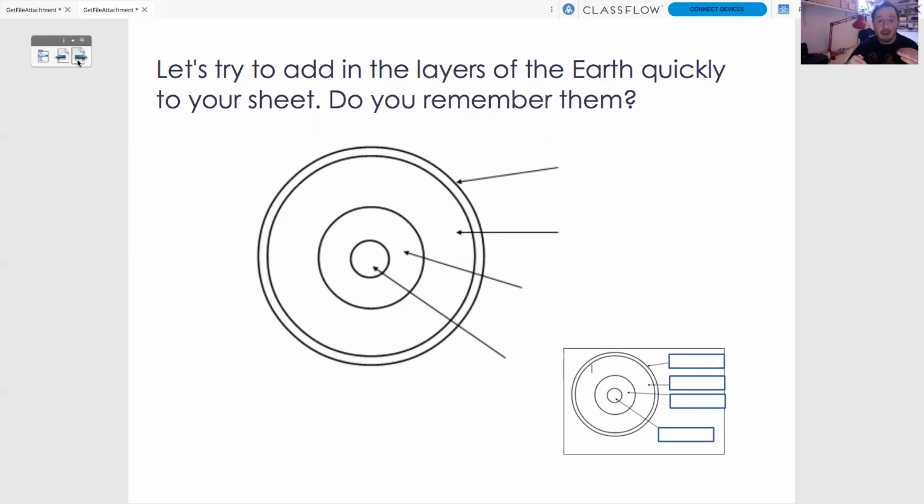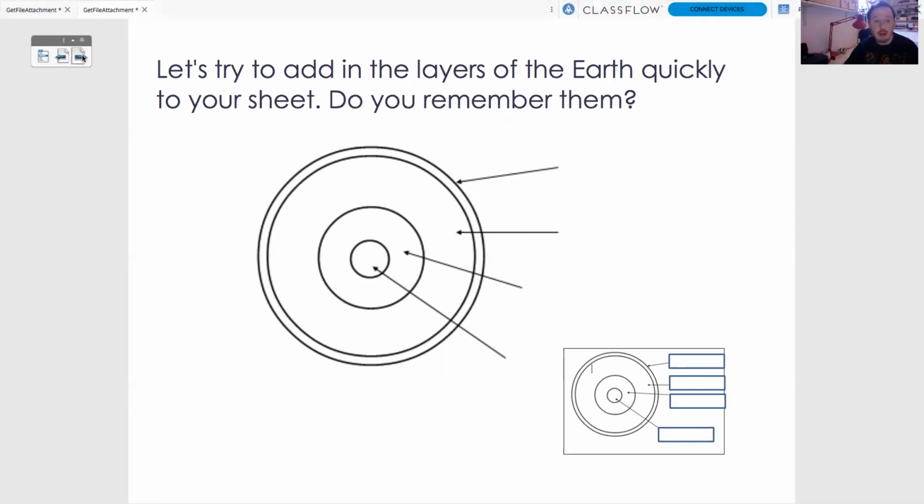Can you remember what they were called? Pause right now and try filling out the little box there. You can colour it in as well, make it look good. That's important. I like it when the sheets look good. So colour them in. Label the layers of the Earth, pause, and when you're done, I'll see if you're right.